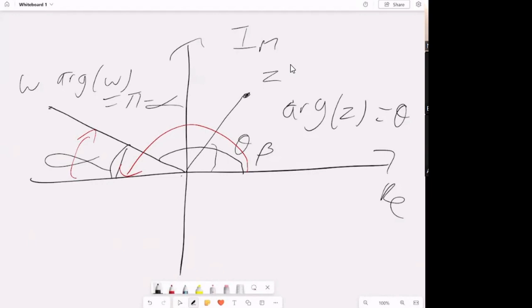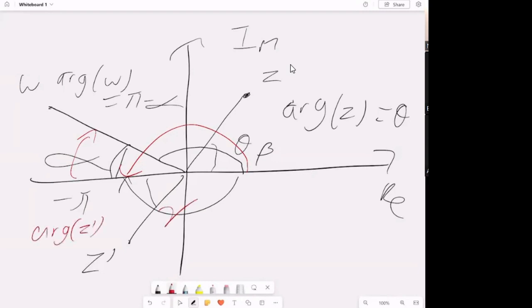So, and then let's say we have a one in the third quadrant here. Let's just call it z prime because I'm running out of ideas on what to call it. This one is negative pi plus, let's just call this angle gamma. So the argument of z prime here is minus pi plus gamma.